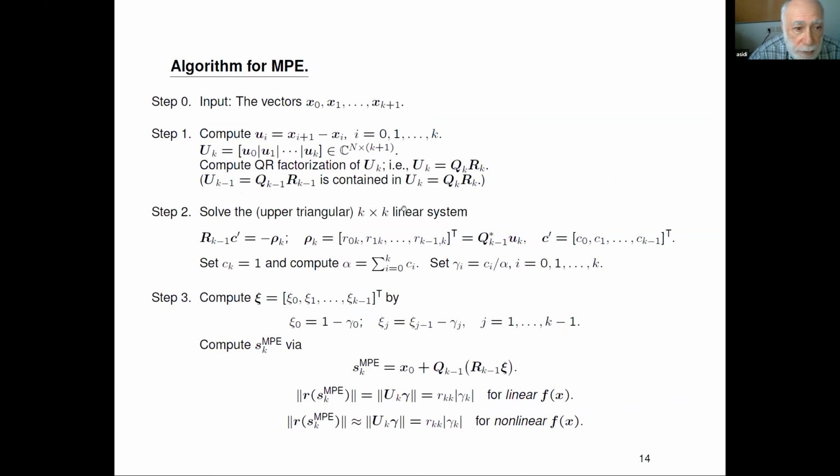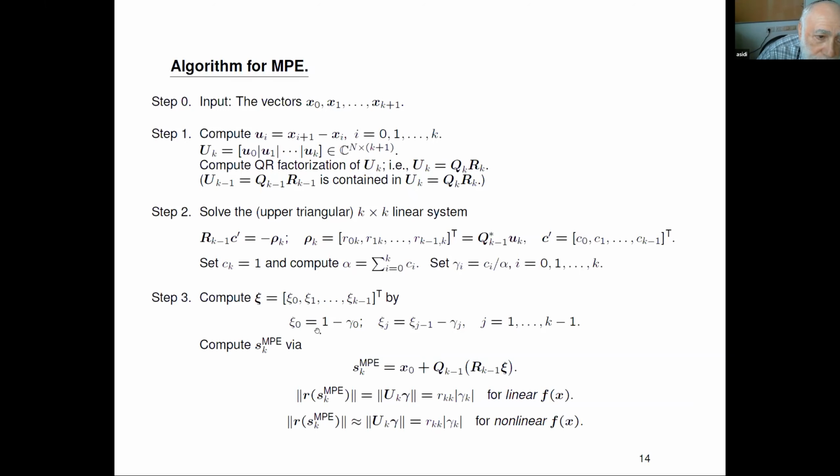The only difference is in step 2, where you determine the gammas. For MPE, you're solving a system of equations. It's a very small triangular system, which you can program yourself. You solve for the C prime, set C sub k equals 1, and then compute this, and then set gamma equal to that. This is it.